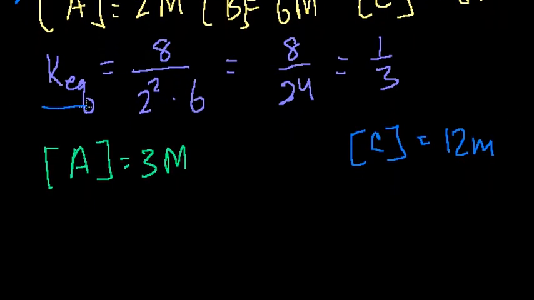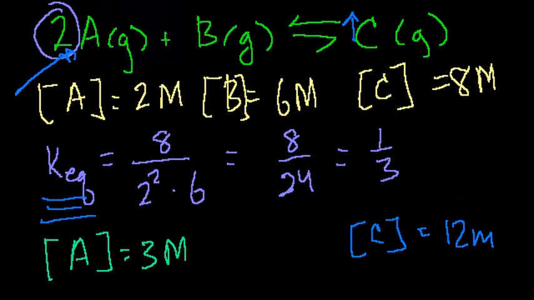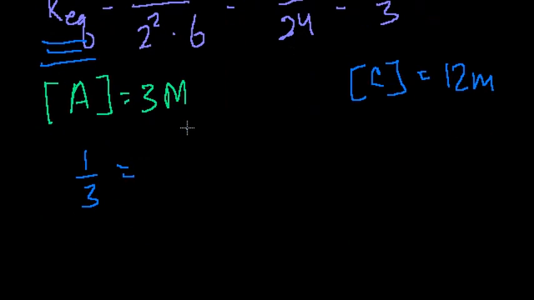So remember, the equilibrium constant stays constant. So our equilibrium constant is now going to be equal to the concentration of C. Right? That was the reaction. So it's 12 molar. Oh, whoops, 12. I don't have to write the units here. Divided by our new concentration of A. That's 3.